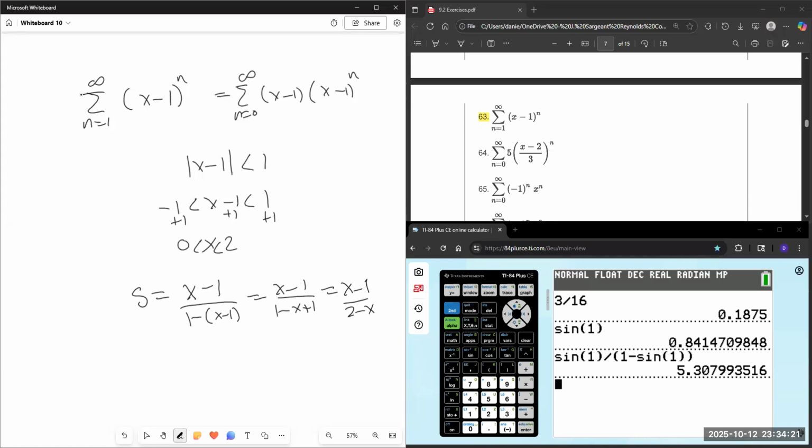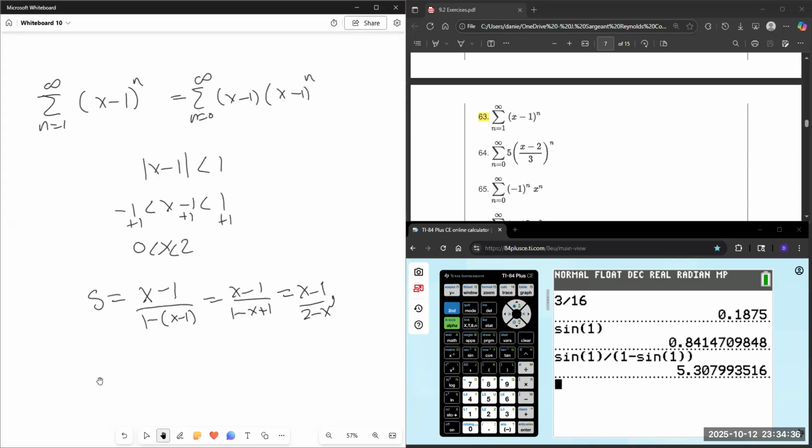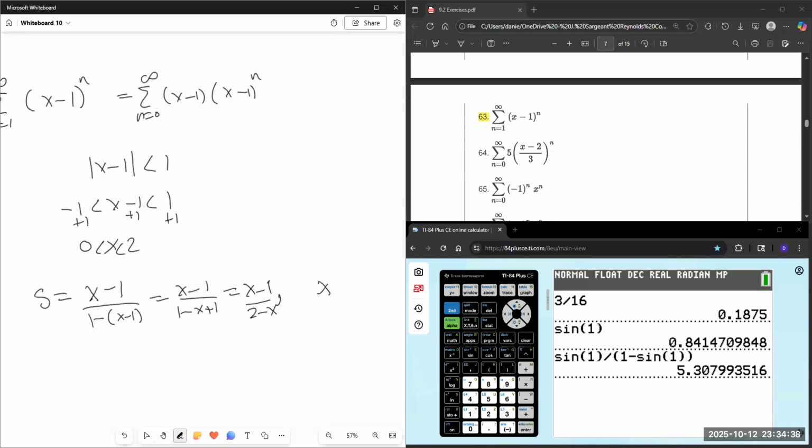So watch out for your limit here to make this geometric, and this sum is only good when x is between 0 and 2.